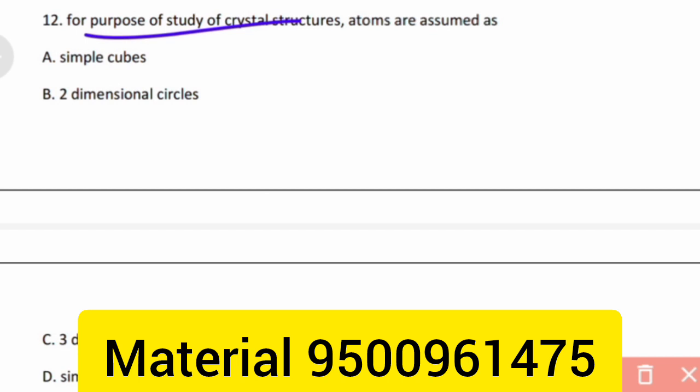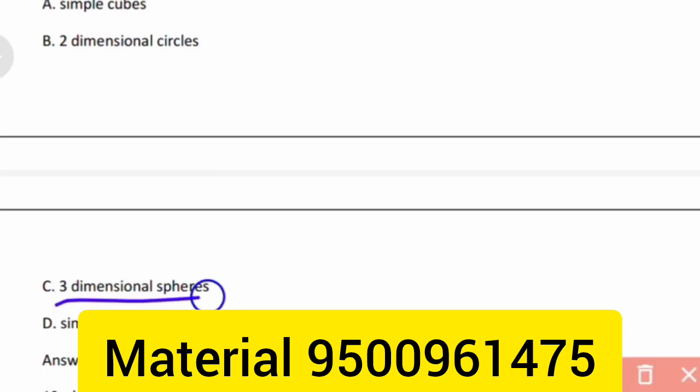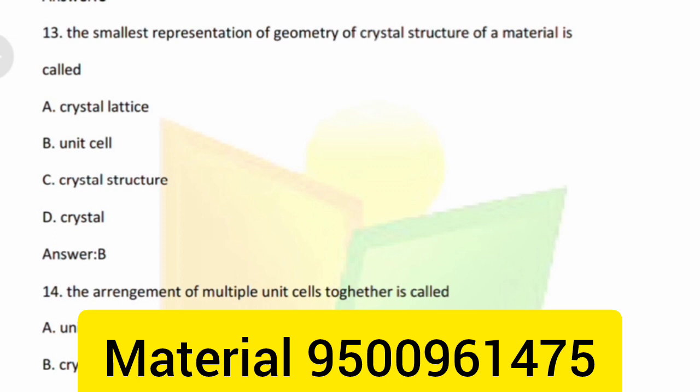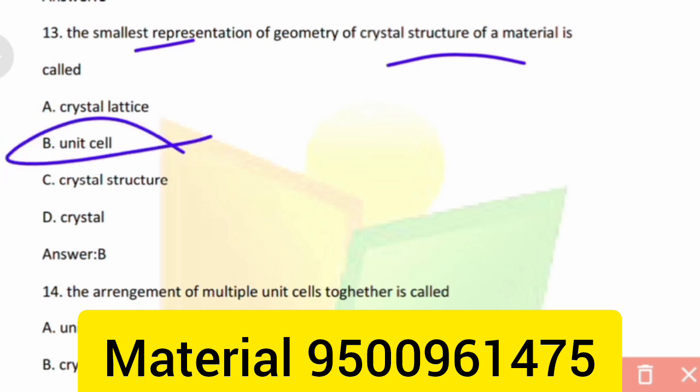For the purpose of studying crystal structures, atoms are assumed as spheres in three-dimensional space. The smallest representation of the geometry of the crystal structure of a material is called a unit cell.